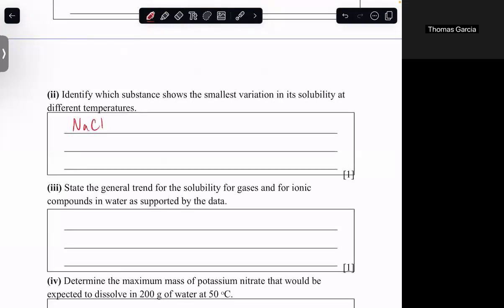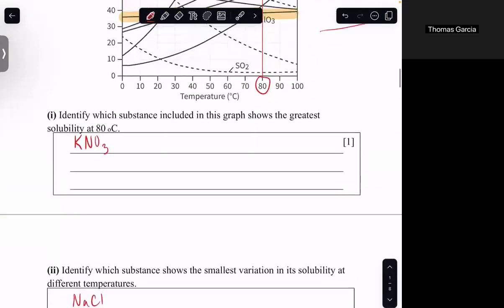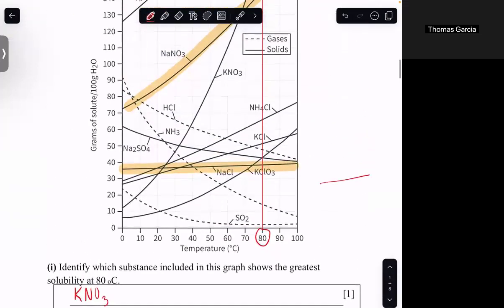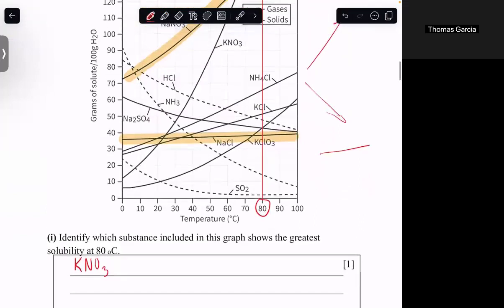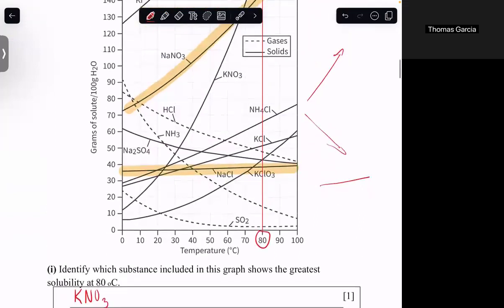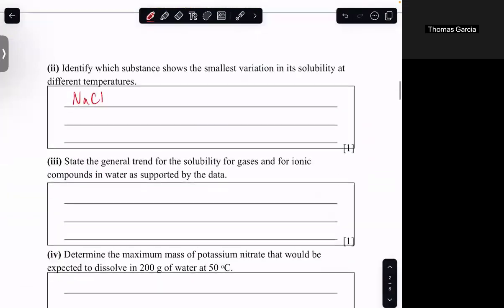State the general trend for solubility of gases and for ionic compounds in water as supported by the data. We can see that most ionic compounds have an upwards trend with temperature, while most gases have a downwards trend with temperature. So we can just state both of those. Remember, gases are highlighted with the dotted lines, while solids are our solid lines.